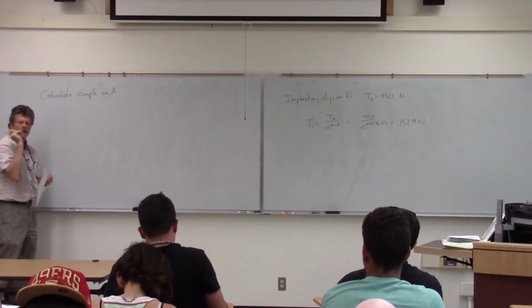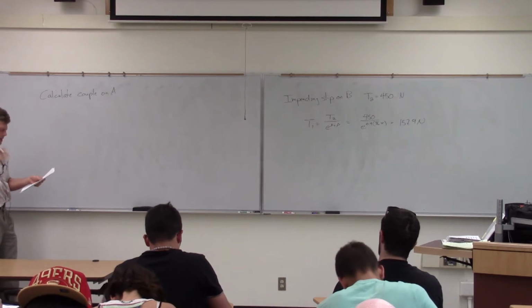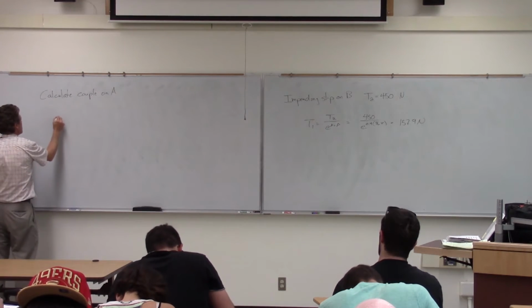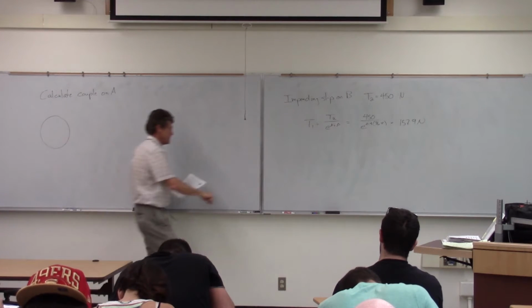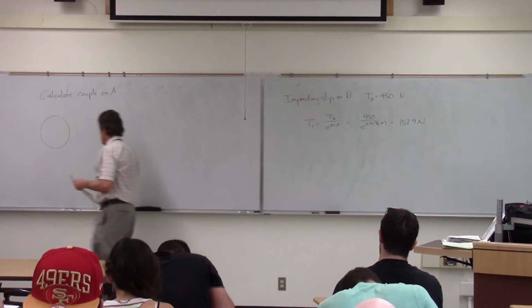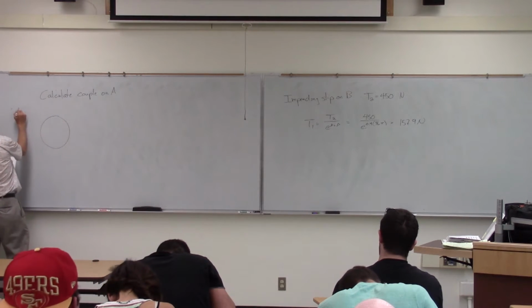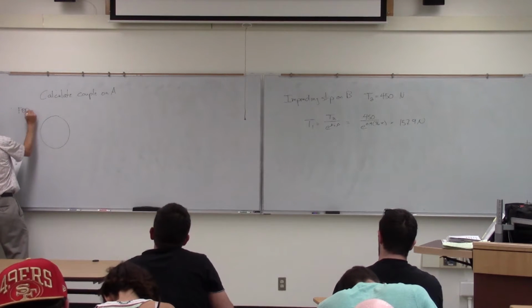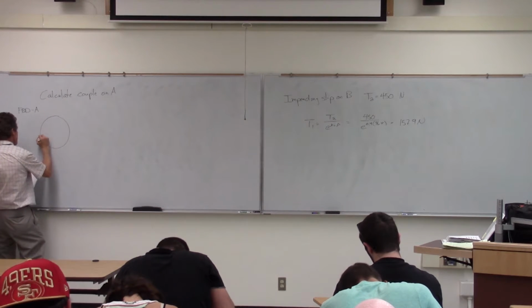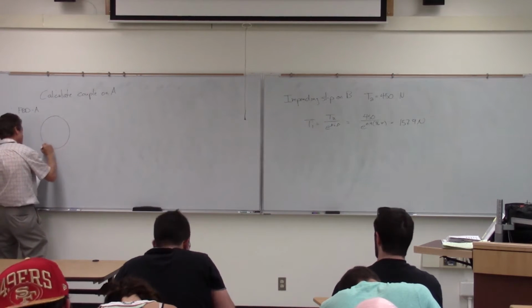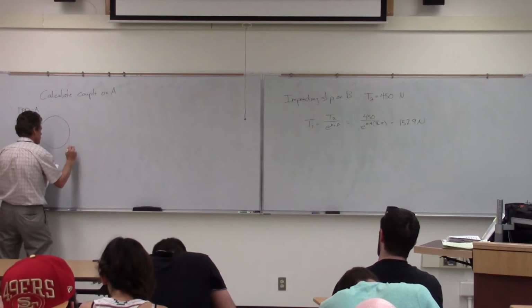Okay, and then this actually turns out to be pretty simple. What we're going to do is calculate the couple on A. So we'll draw our free body diagram of A there.